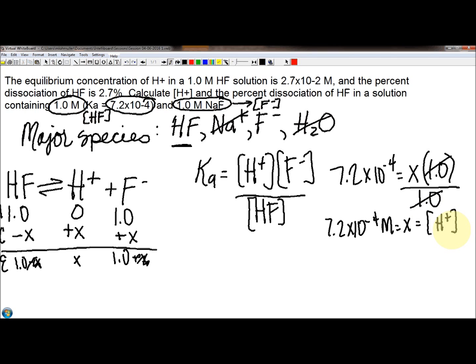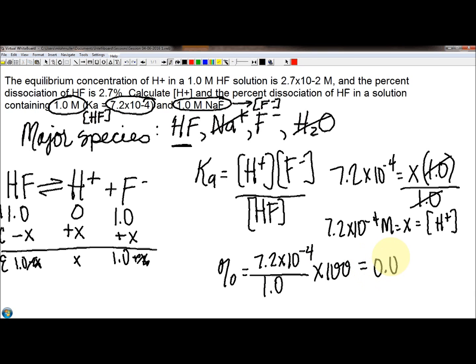So that's part of what we wanted to find. We also want the percent dissociation, which is the amount dissociated over the initial concentration of the acid. So we take our X value, our hydrogen ion concentration, over the initial of the HF, which is 1.0, times 100, and our percent dissociation is 0.072%.